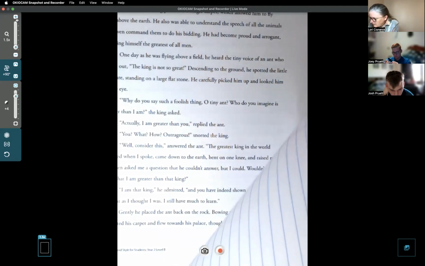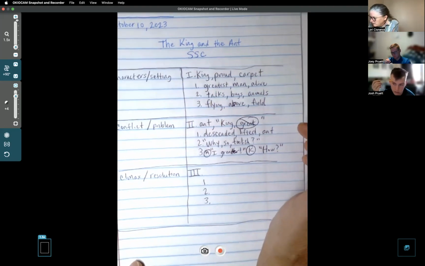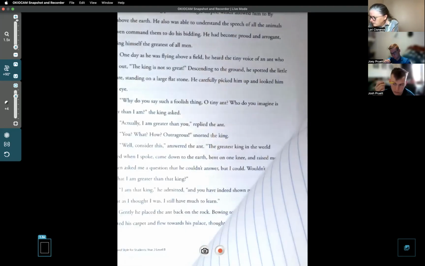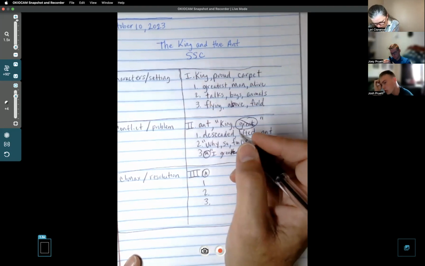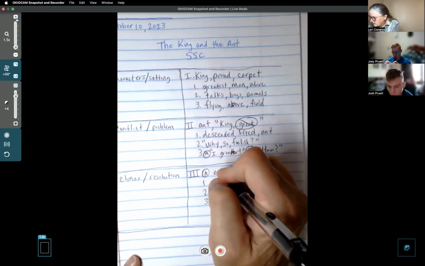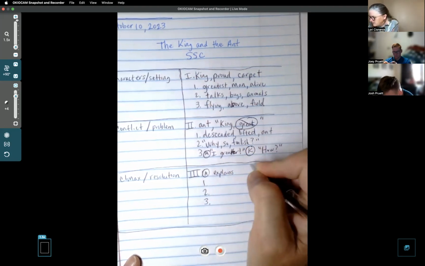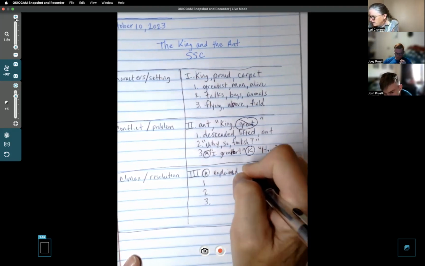Wait. Okay, so the ant is explaining it. Okay, so the ant explains. I'm going to put explains or explained, ed, so we can keep it past tense.